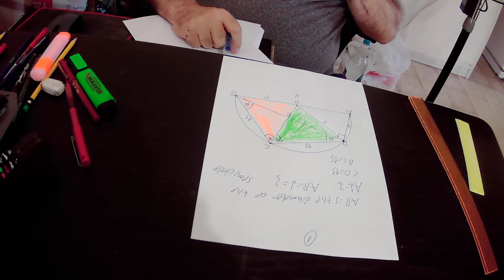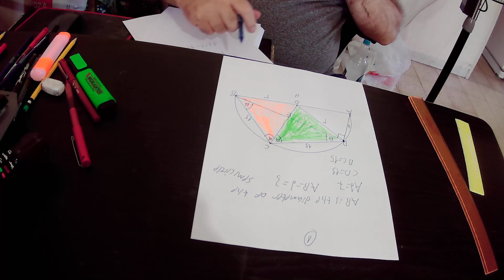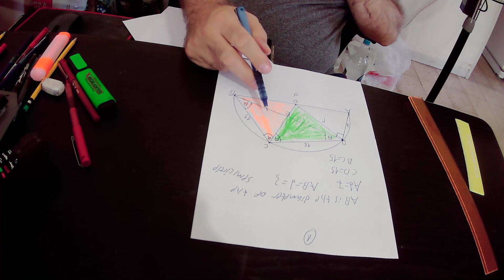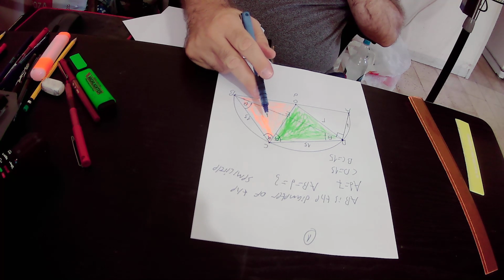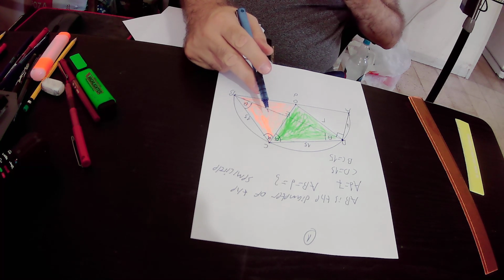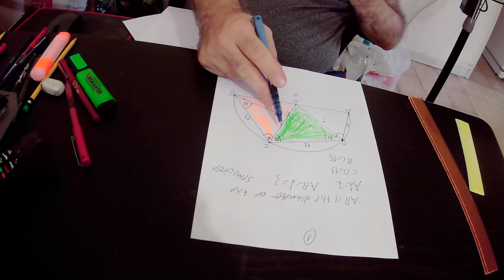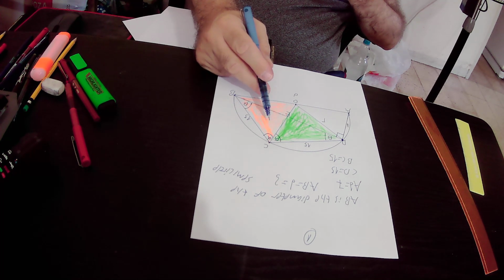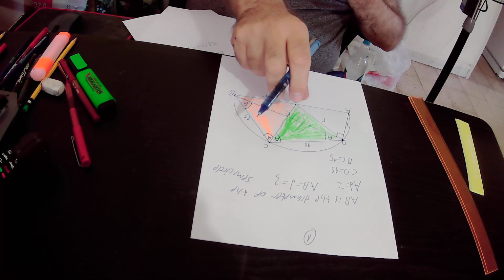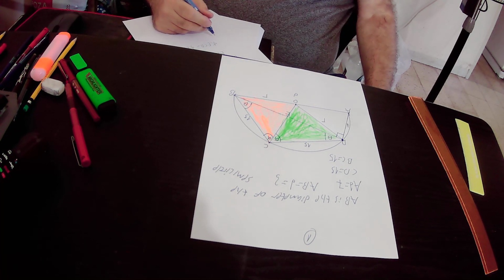If two sides and the angle between them of one triangle are equal to two sides and the angle between the two sides in the other triangle, then those two triangles are congruent to each other according to the rule of side angle side.